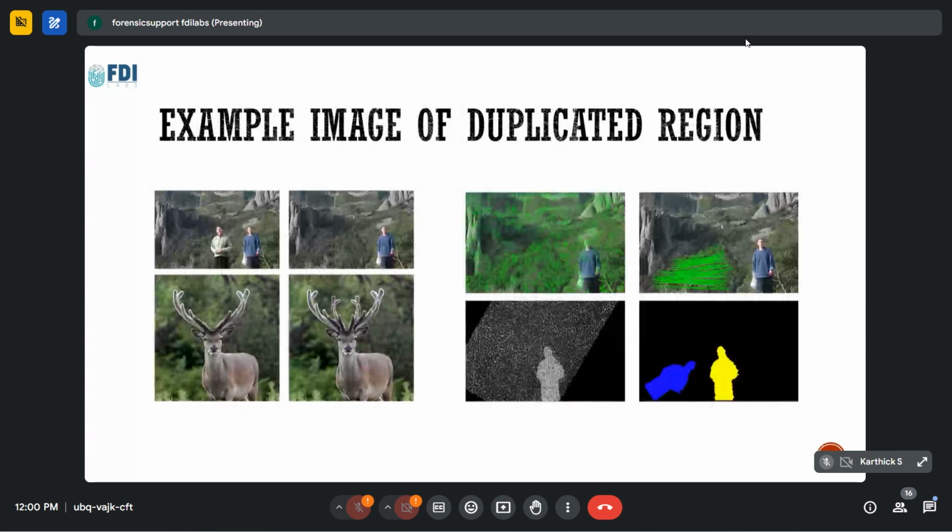Region duplication is simple: a continuous portion of pixels in an image, after possible geometrical and illumination adjustments, is copied and pasted to different locations like this. Most region duplication detection methods are based on directly matching the blocks.